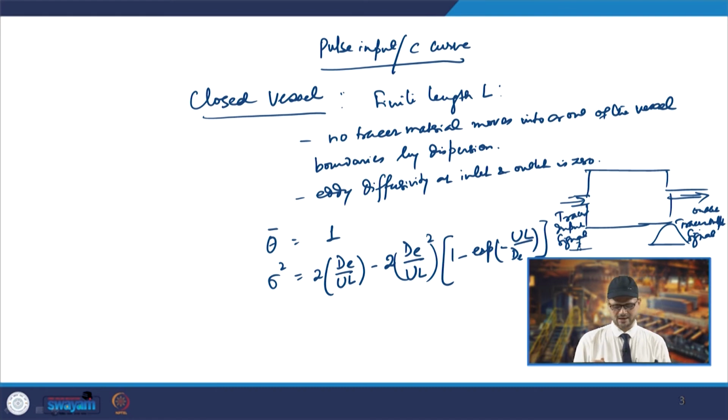So, that is how you see that in this case your mean residence time, that is theta bar, has to come to unity.